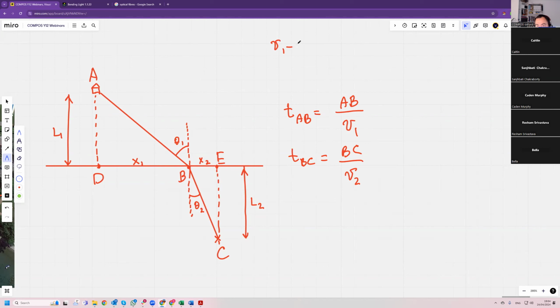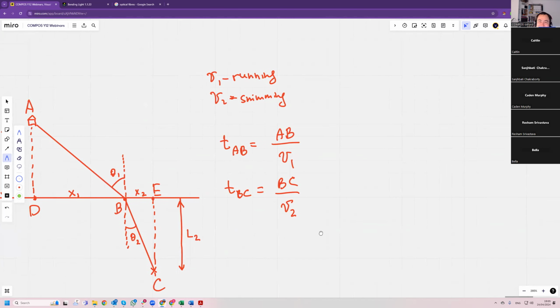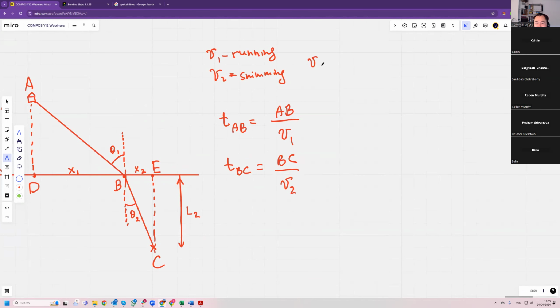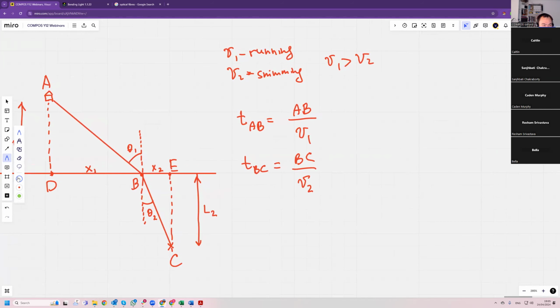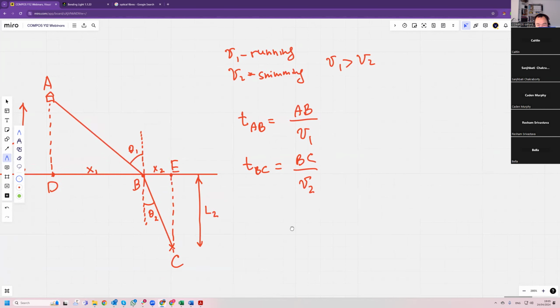So V1 is the running speed, and V2 is your swimming speed. If you're like me, you probably run faster than you swim. So V1 is greater than V2.